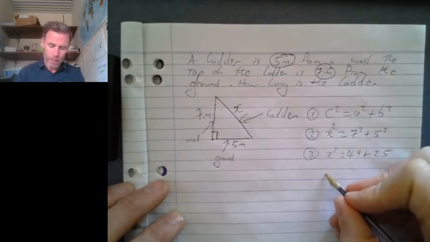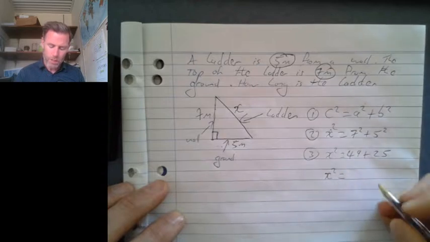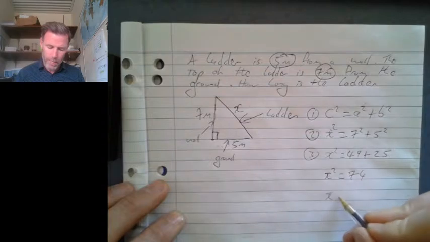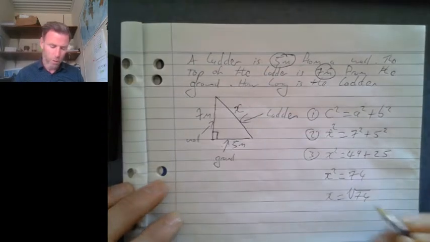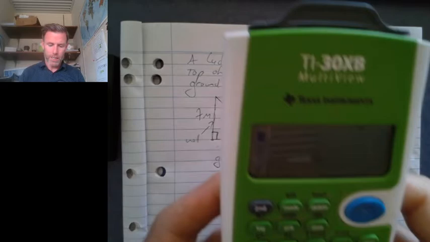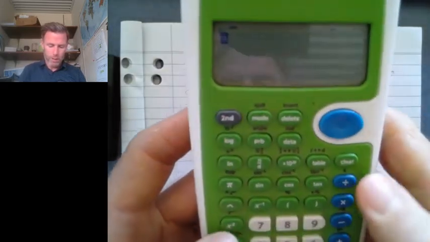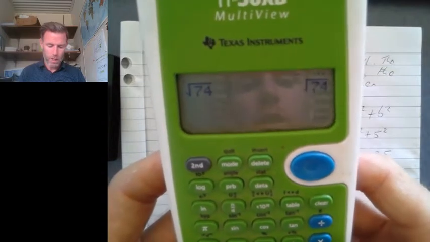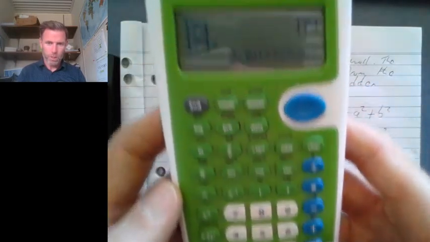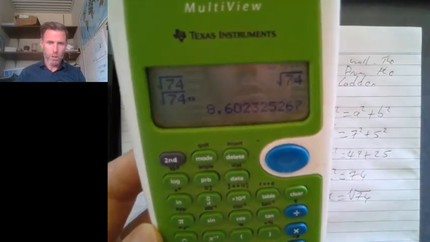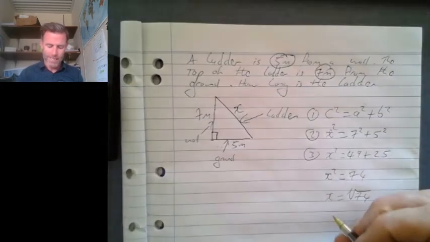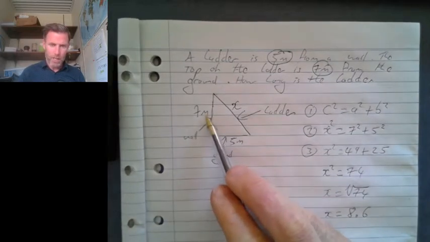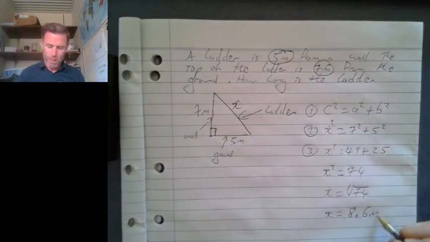Continuing down, x squared is equal to 74. The opposite of square is square root. x is equal to the square root of 74. Again, using my calculator, second function, square root, 74, enter, double press this button to see my answer, and I'm going to go to 1 decimal place. It's 8.6. x equals 8.6. The answer here is in meters, 8.6 meters.